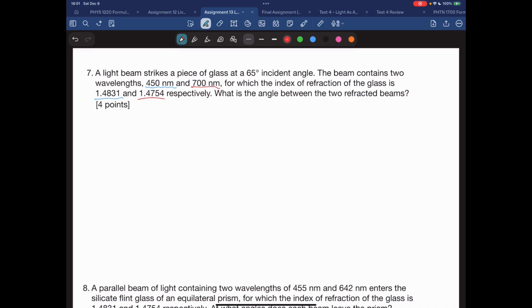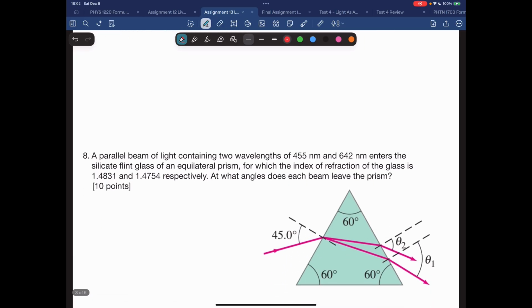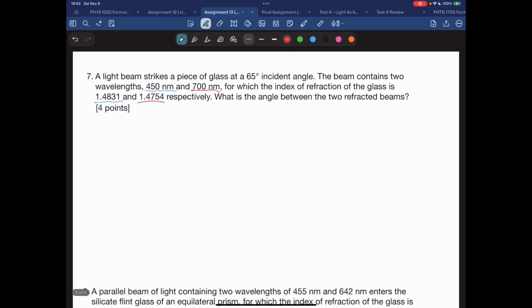These are very, very similar wavelengths to question 6, so I just ended up using the same indexes of refraction. And if you've looked ahead at question 8, again, the same 2 indexes of refraction are used for similar wavelengths.